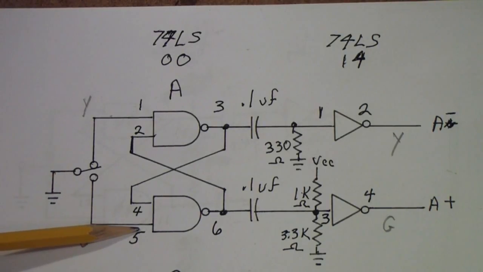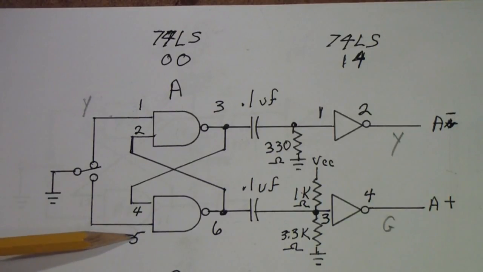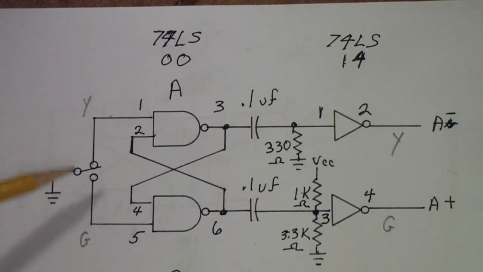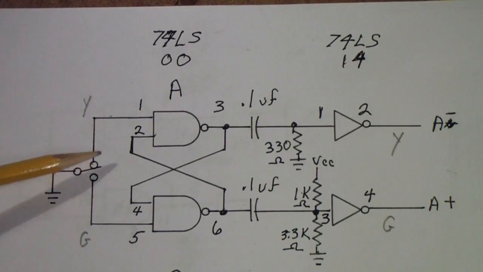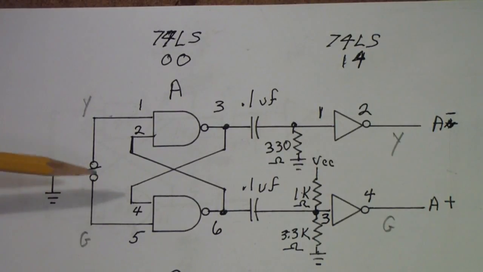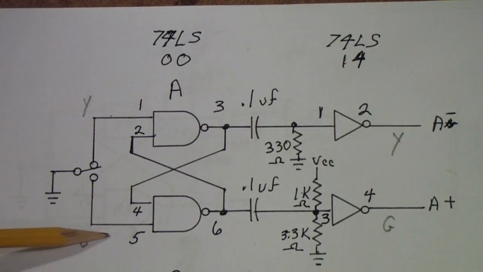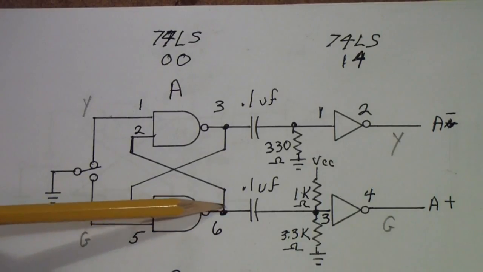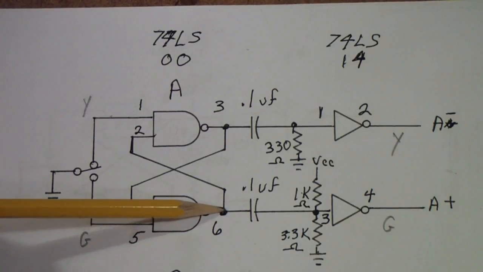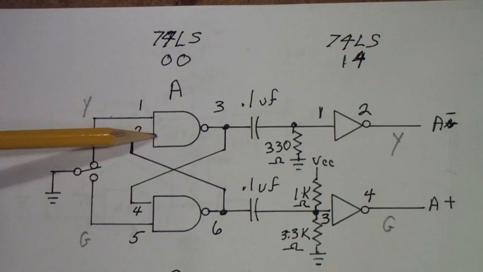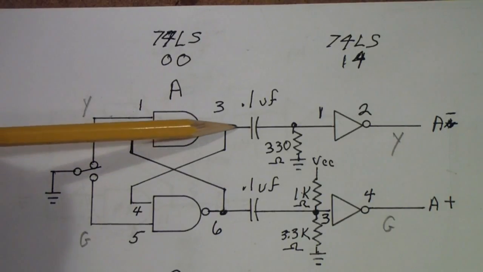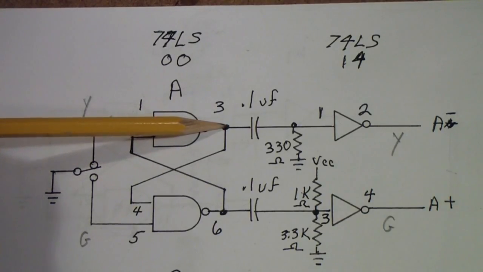Remember I said in the first, combinational part of this series, you shouldn't normally leave these floating. But in this case, it's not a serious problem because I know this switch is always going to be either in this position or in this position. And this 1, combined with the floating 1 on 5, produces a 0 on 6. The 0 on 6 then produces a 0 on 2, which reinforces the 1 on 3.